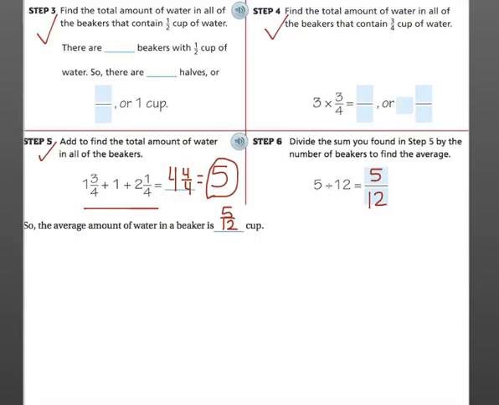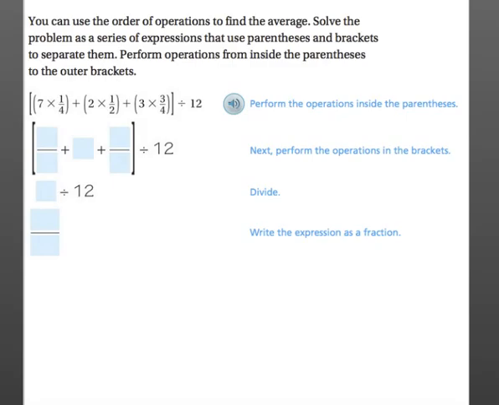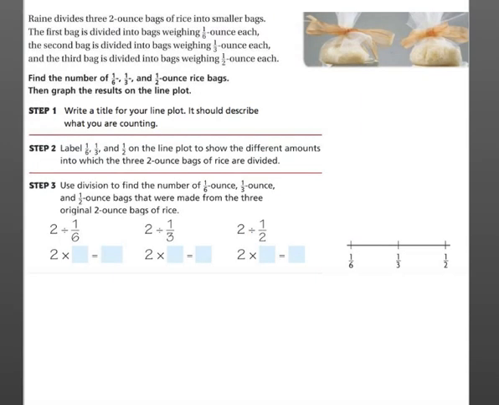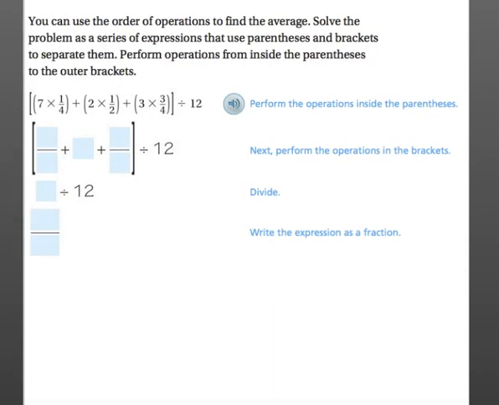So let's go to another way that we can use a line plot. Now, we can always use the order of operations to help us solve these types of problems where you just combine.